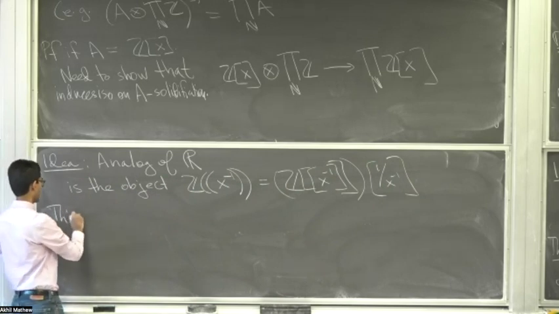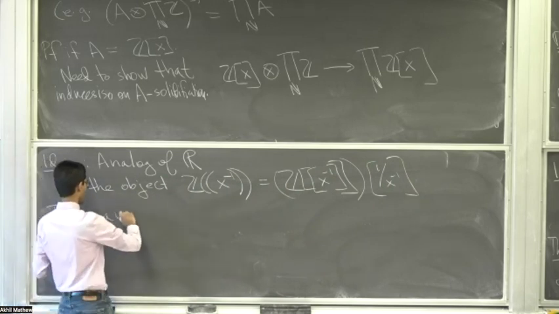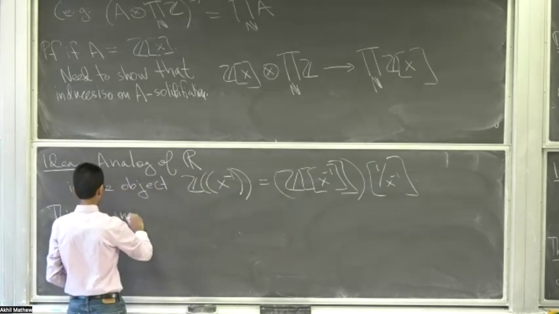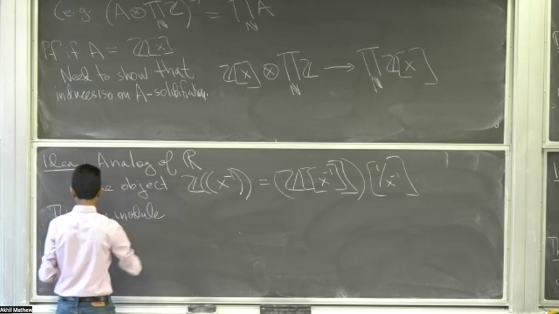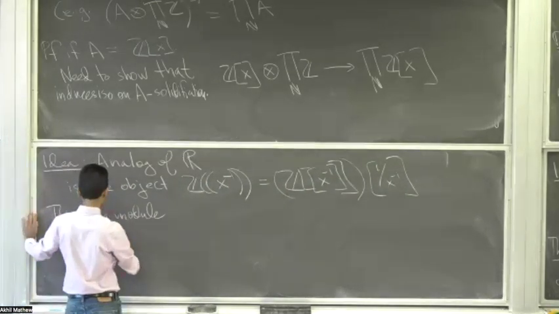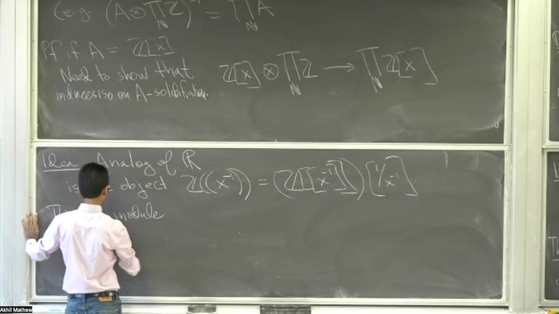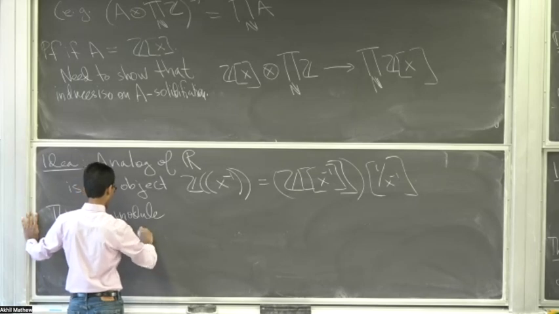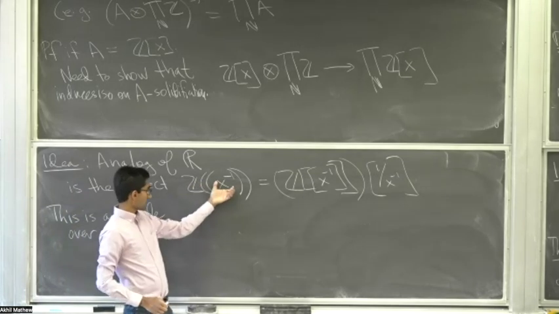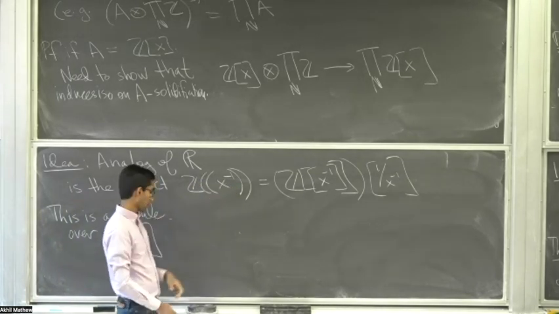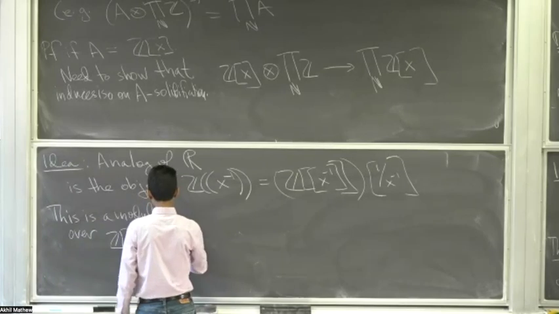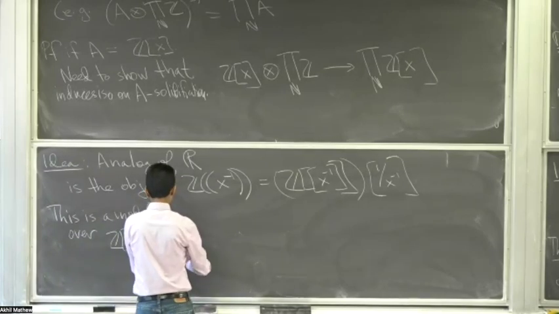This is a module over Z brackets X comma Q hat. In this ring, 1 over X is topologically nilpotent, so it receives a map from Z brackets X comma Q hat on X Q hat.